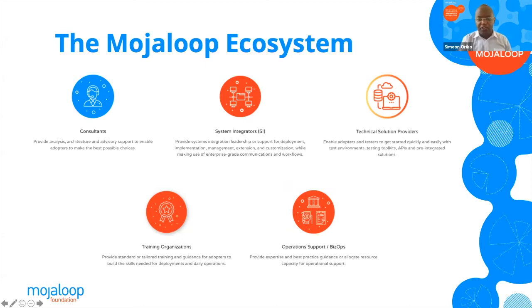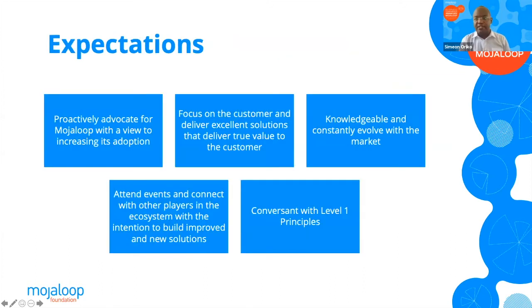And I'll walk you through it. The purpose of the Mojaloop business directory is essentially to put front and center the people, the members in our community and the organizations in our community who work together to build a strong ecosystem around Mojaloop. We have expectations of these organizations.